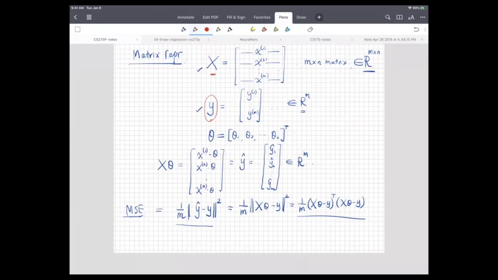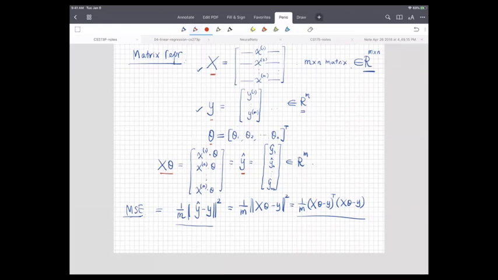That's y. Similarly, you can put theta, the vector we have here, same as before. Because X is a matrix, if you look at X times theta, that itself will be a vector: an m by n matrix times an n-dimensional vector gives you an m-dimensional vector, that is y hat.